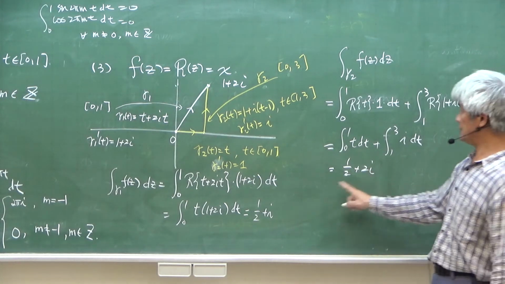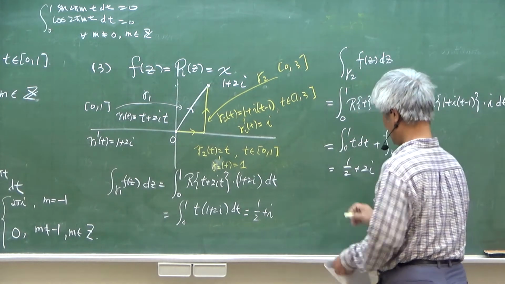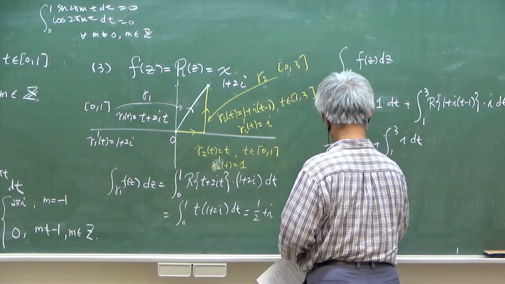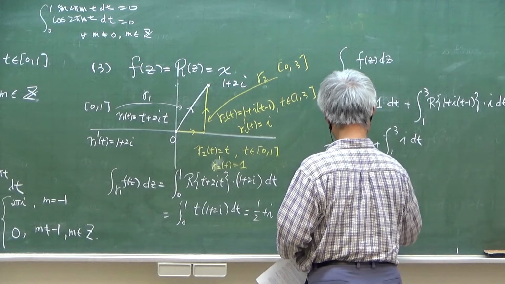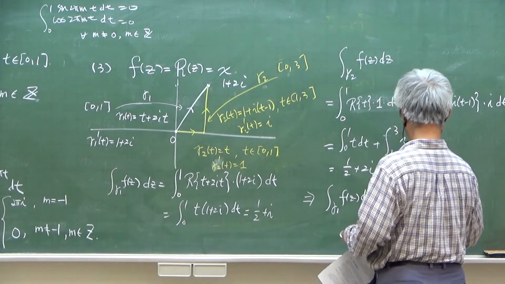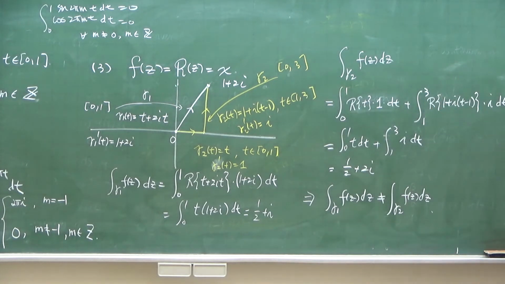And you see that these two integrals are different. So we know that the integral over gamma 1 of f(z) dz is not equal to the integral over gamma 2 of f(z) dz. So they are different.